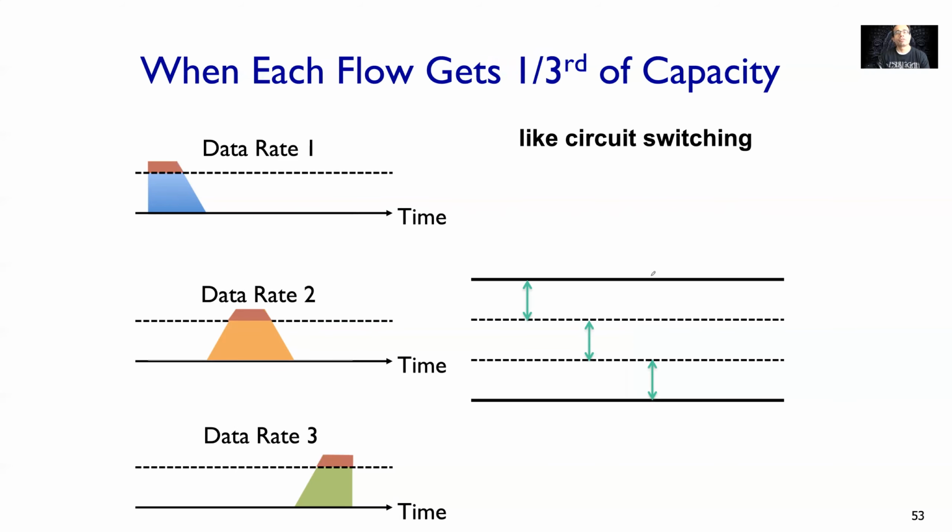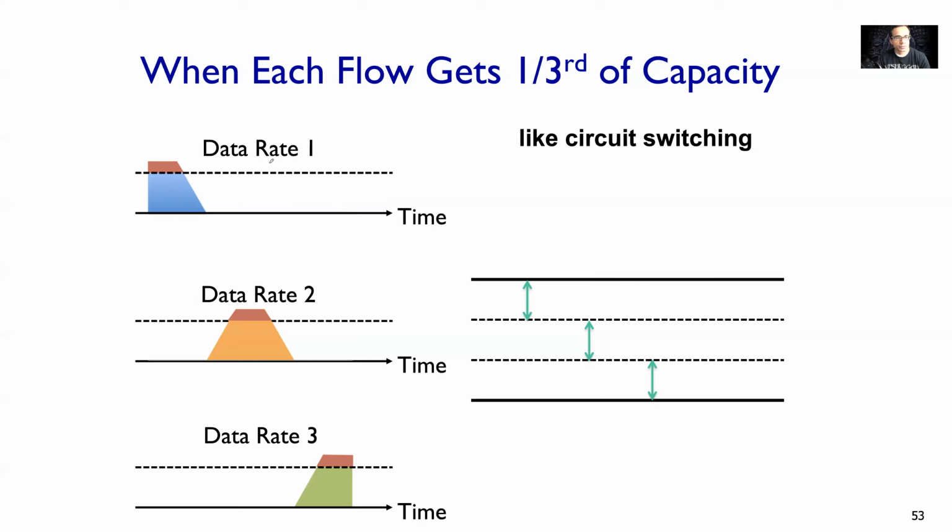Now, if we were to use something like circuit switching, though this is not strictly circuit switching, we'll abstract over the finer details here. Let's say we wanted to use circuit switching, whereby we reserve a part of the capacity for each of these flows. If you try to break up the capacity of this link, imagine the height there is the capacity.